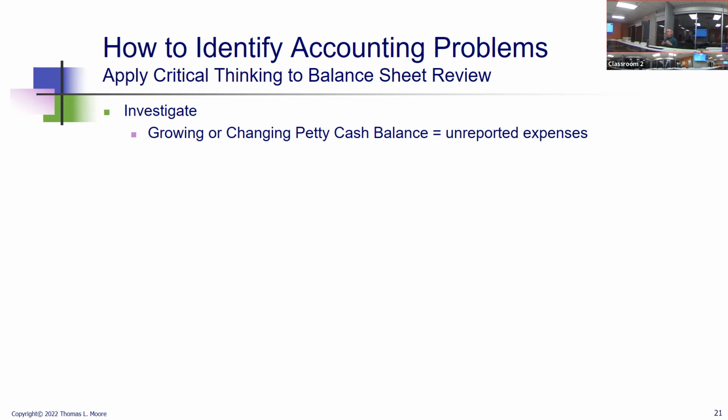What we're going to do is talk about some typical problems you'll see on the balance sheet that might be helpful to you in recognizing when you've got an issue. The first one is a growing or changing petty cash balance. Petty cash typically is listed as a cash asset in current assets on the balance sheet.